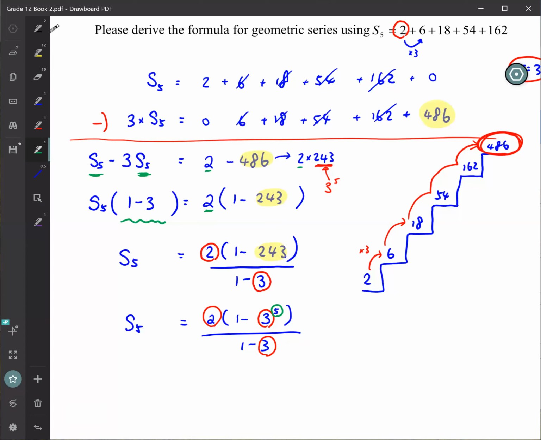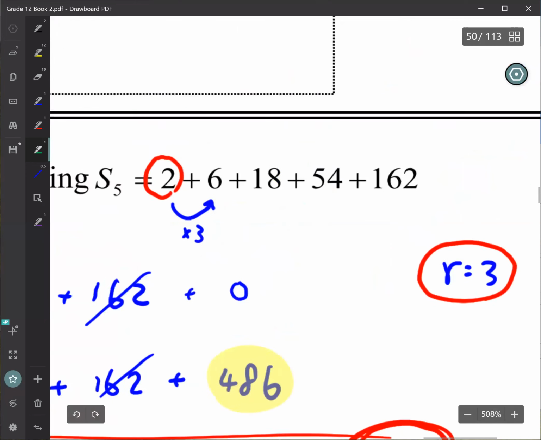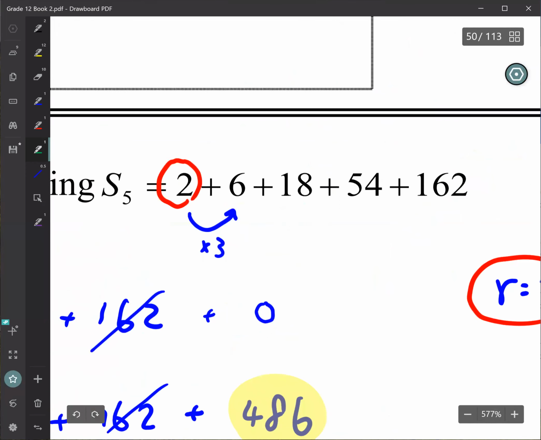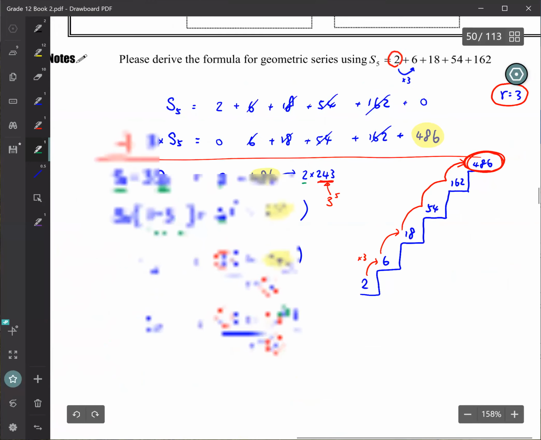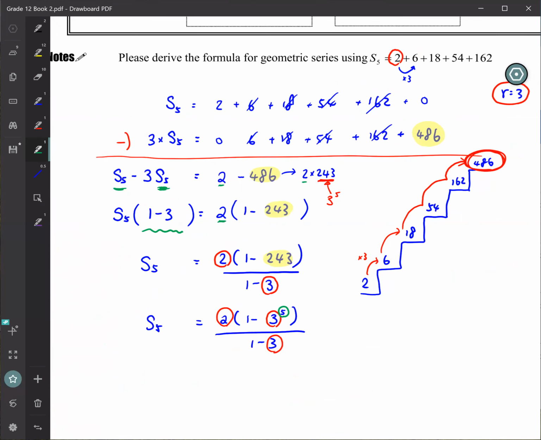Yeah, and what about if you look at the series? How many terms are there? Look at the original question, that's 5. 5 terms, right? So if they give you a question and ask you to add up 11 terms, then you will put 11 as the example, okay? So the 5 tells you how many numbers you want to sum up.